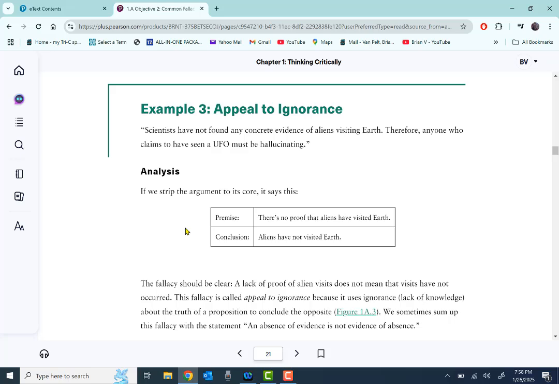And what they're doing is trying to use information that you're not aware of to make their point. The first line says scientists have not found any concrete evidence of aliens visiting Earth. That in and of itself is not a statement that says aliens have never come and visited Earth.